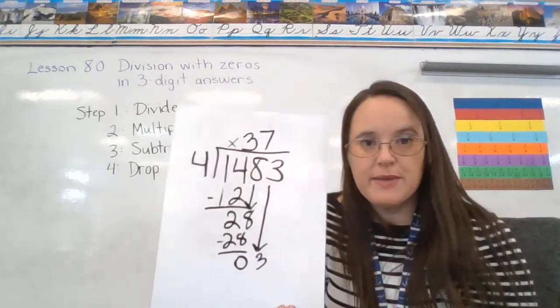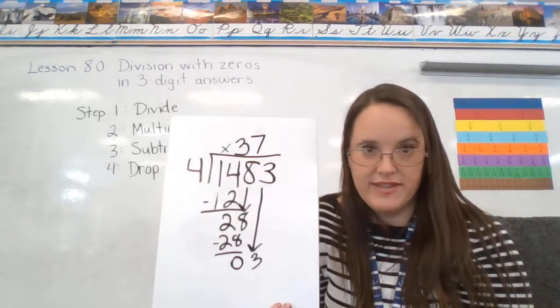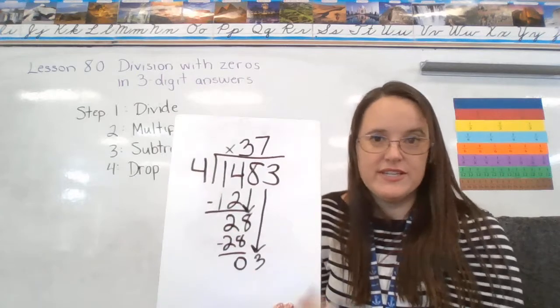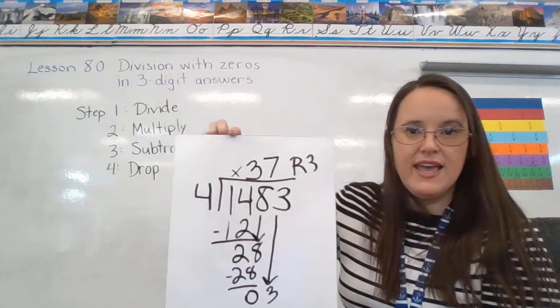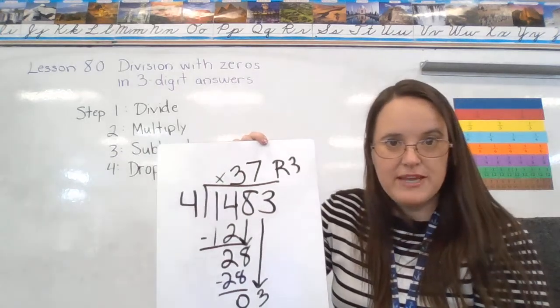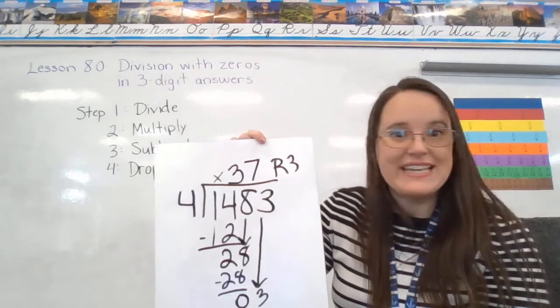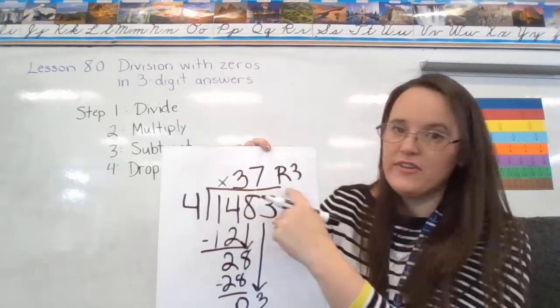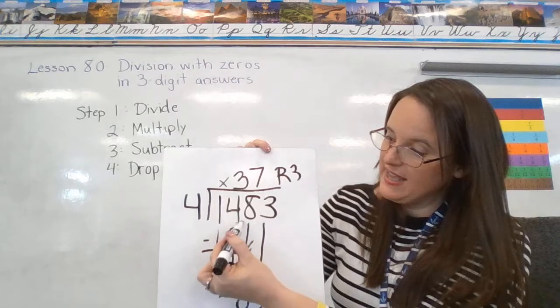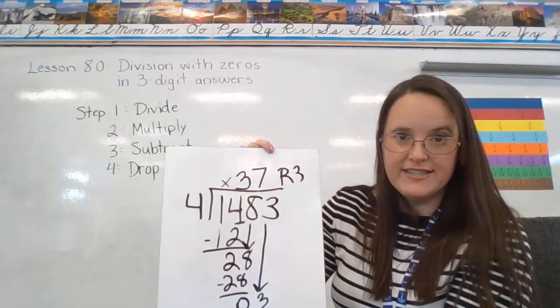So here's the type of problem that kids often have trouble with. They say, no, 4 doesn't go into 3, so now my remainder is 3, and the answer is 37, remainder 3. That is not correct. Notice your place value here. Your 3 is in the hundreds place.